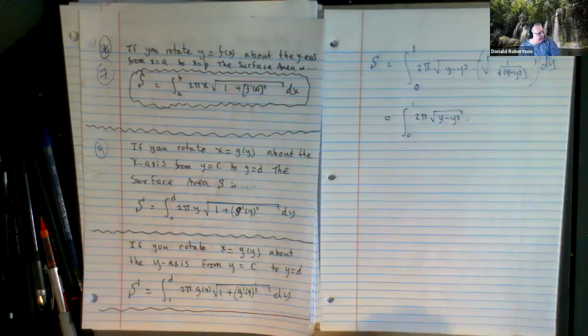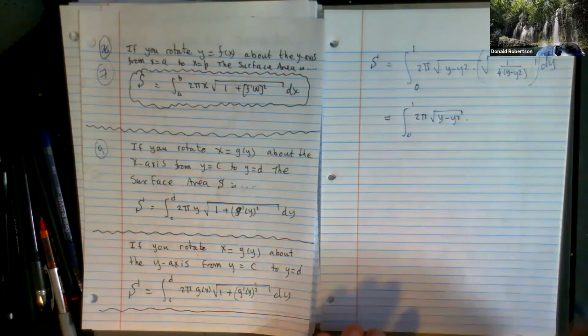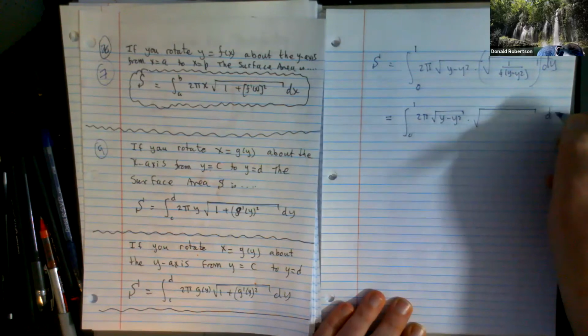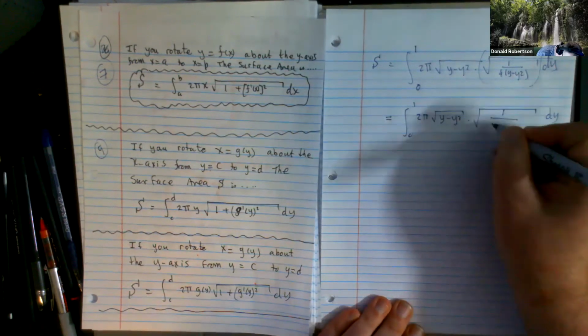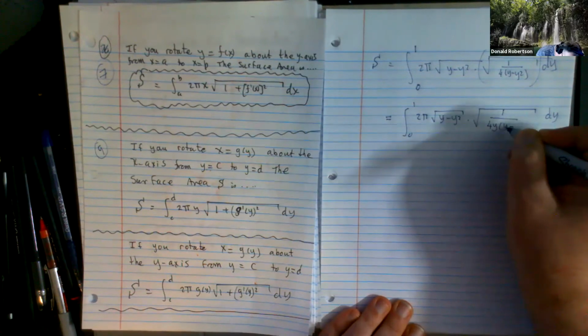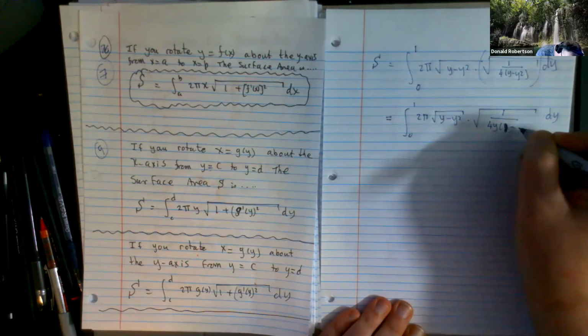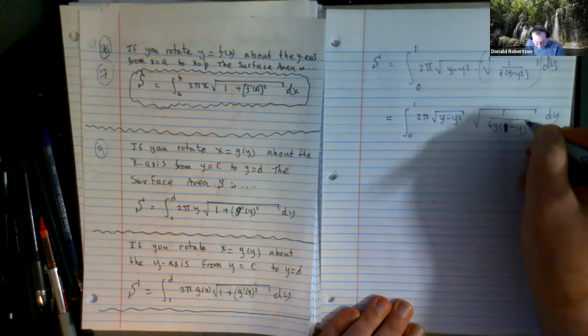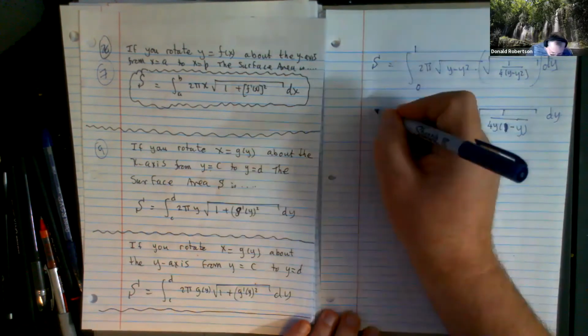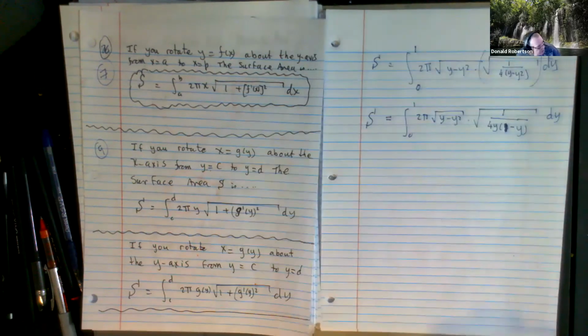Let's try and make it pretty. And I'm not even going to do an awful lot, although I would like to have done more. I'm just pulling out a common factor of y. And you might think, why you're not doing more?